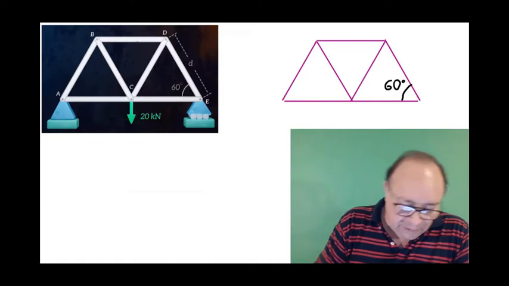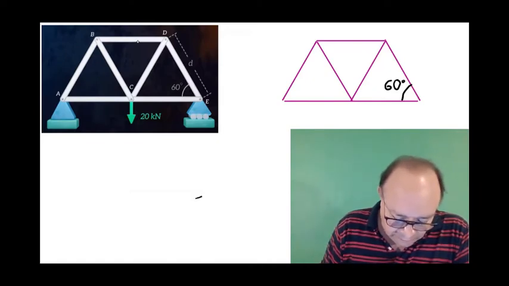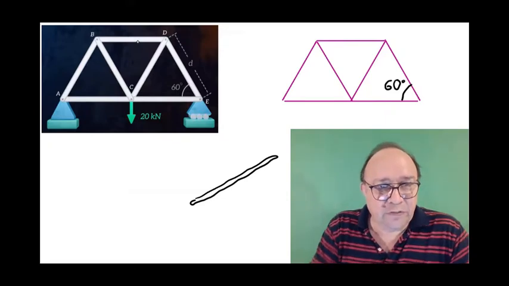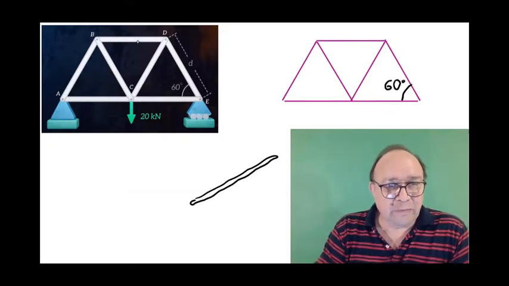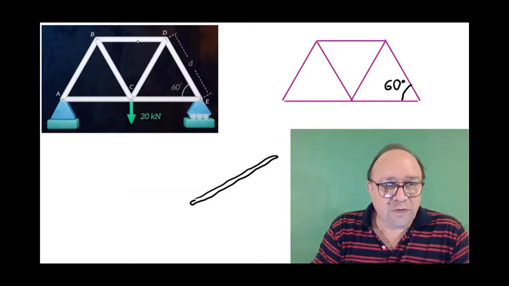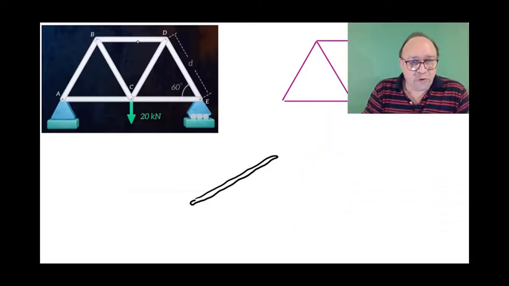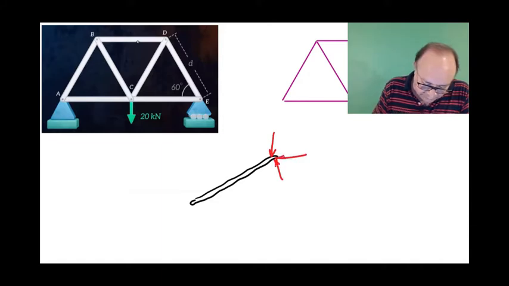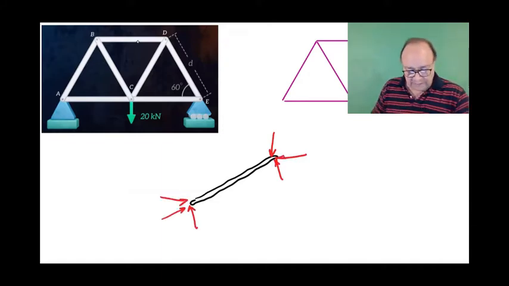So all the elements of a truss fall into the category that we mentioned a couple of classes ago, elements that only hold forces at two points. In these cases, the points are the ends of the element. Like here, this is an element of a truss that is holding forces at the ends.